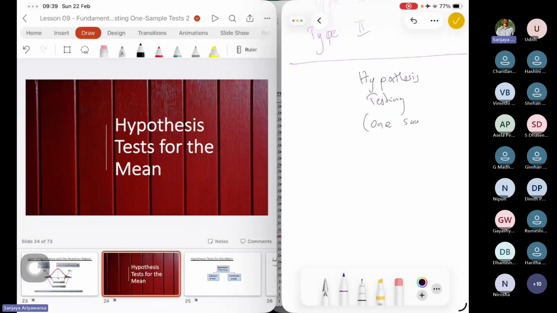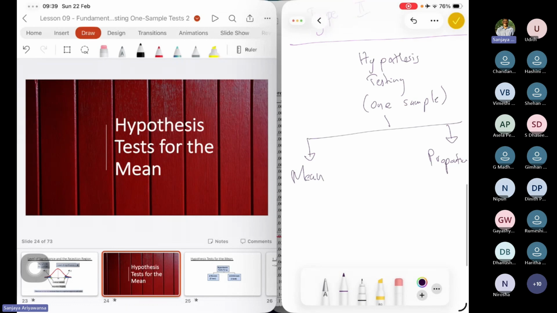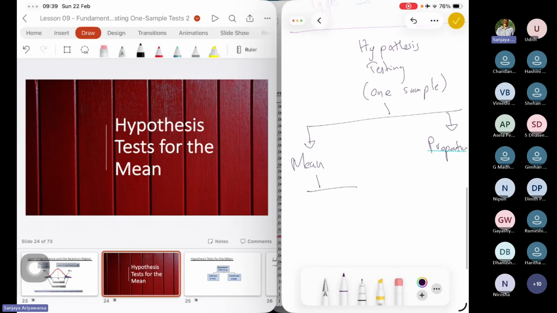So we have hypothesis testing for mean and proportions, just like the confidence interval lecture. And just like that lecture, under hypothesis testing for mean, you have two sections again: when your population standard deviation is known and when it is unknown, right?